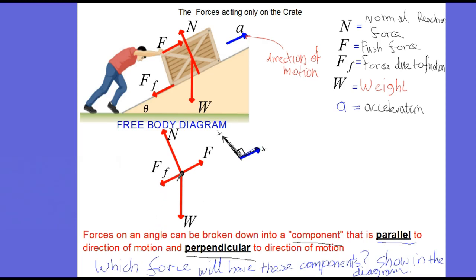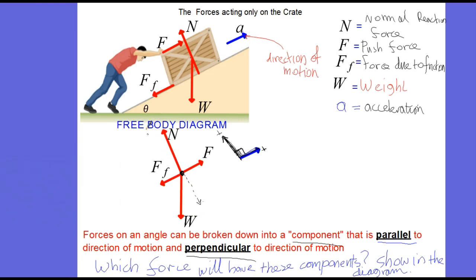So, our weight force, we want to have one component that is perpendicular and one component that is parallel. So for it to be perpendicular, one part has to come out this way. And you can see that now is in a straight line with the normal reaction force.